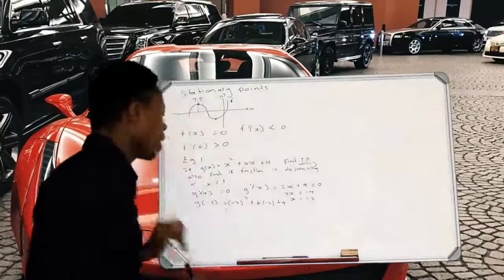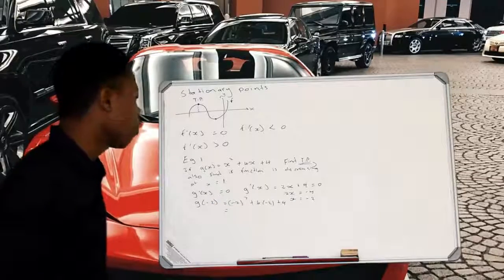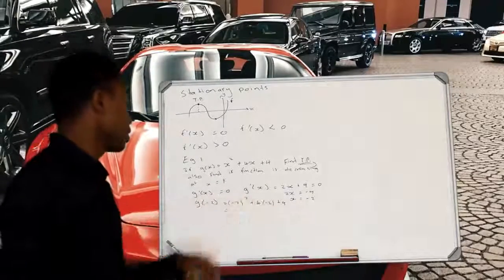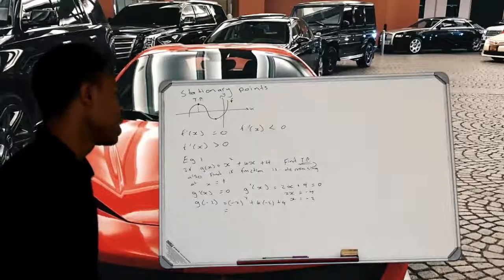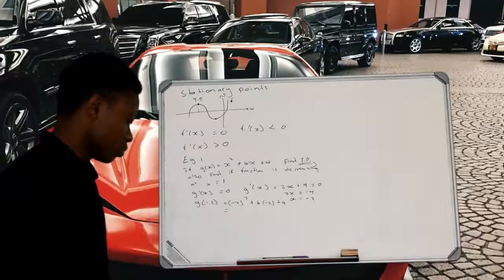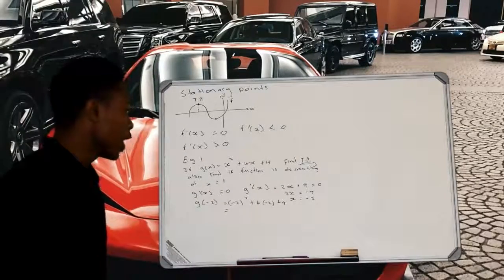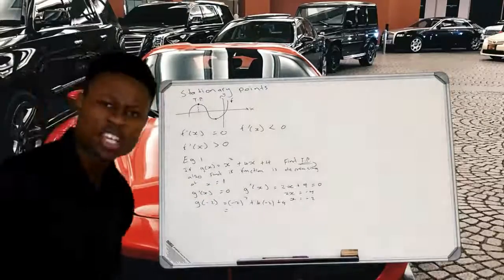Which is equal to, what is this equal to? -2 squared gives us 4. 4 minus 8 is negative 4, and then negative 4 plus 4 gives us 0.